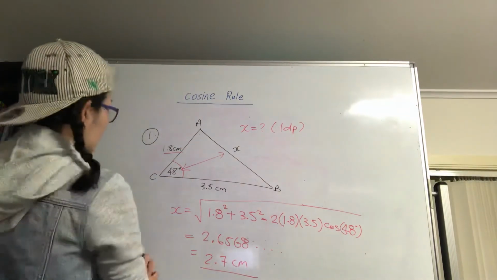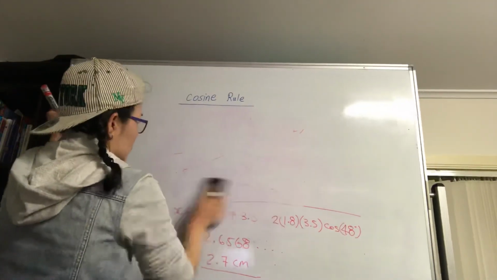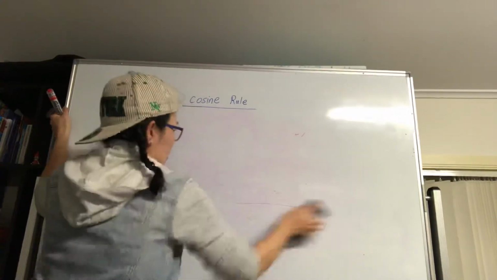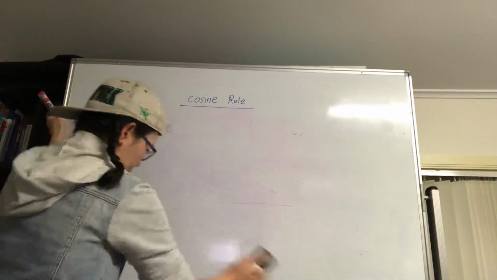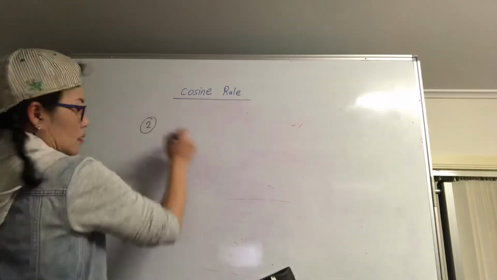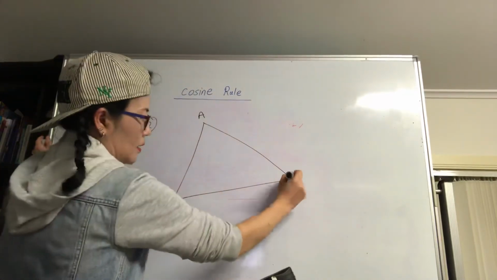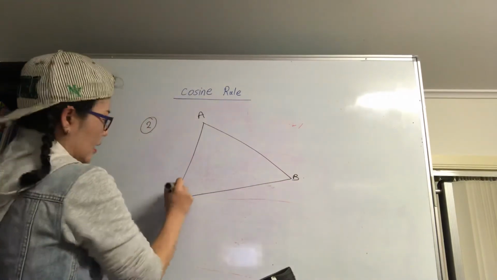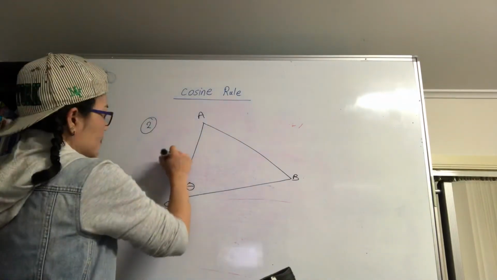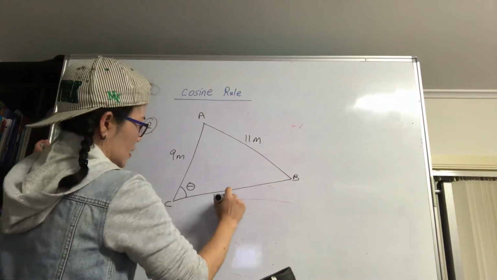All right. The second question is finding an angle. Let's have a look at this question. I've got A, B, C. The angle I'm looking for is theta. I've got 9 meters, 11 meters, 10 meters.